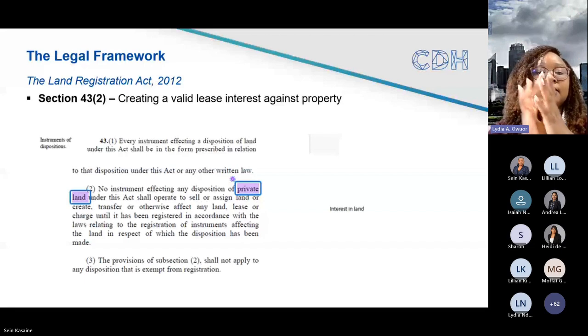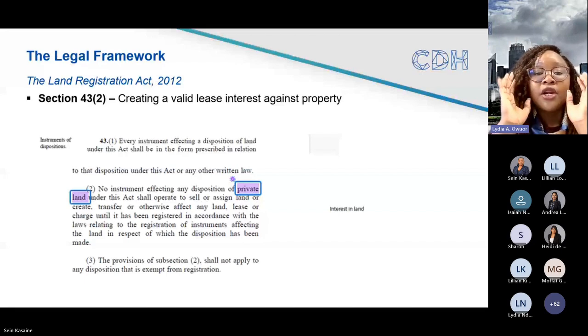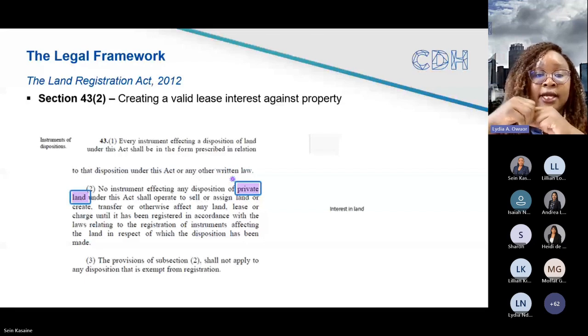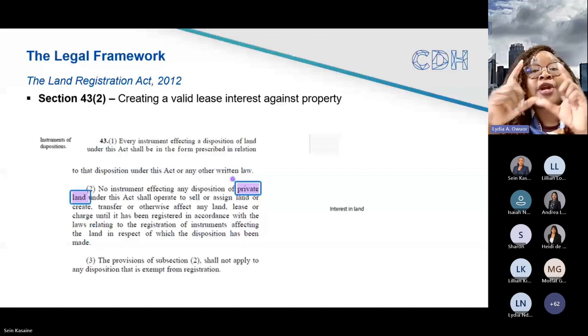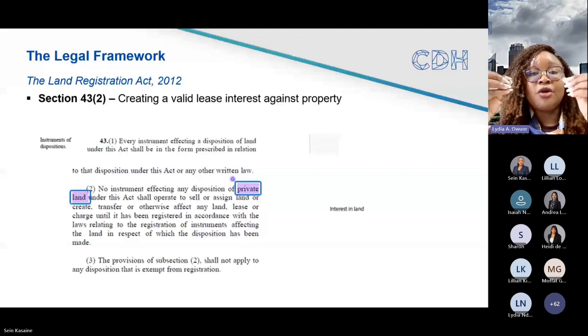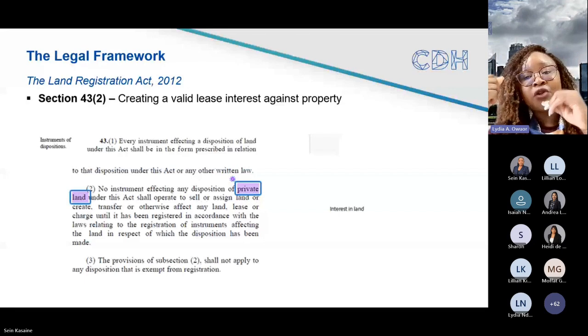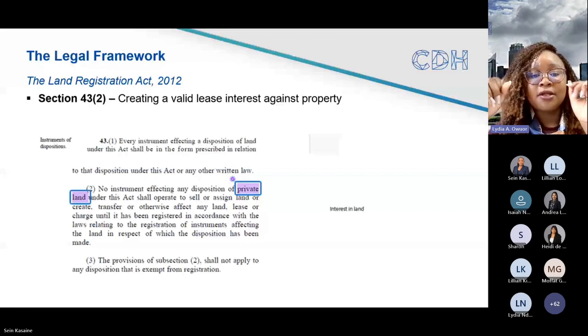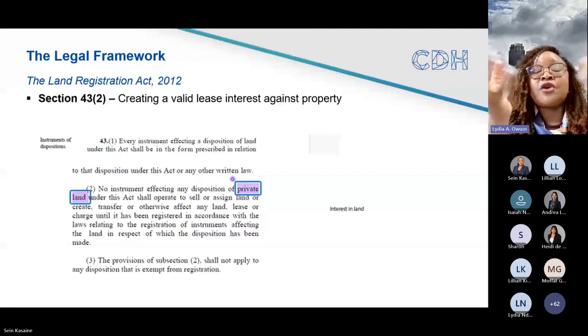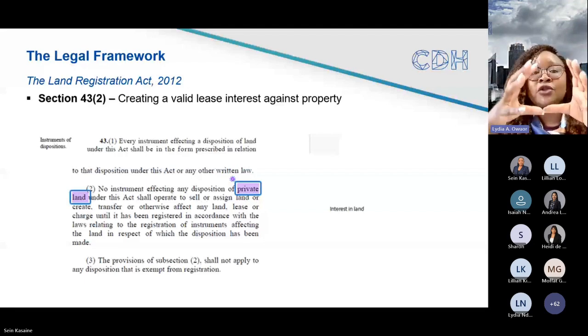So what essentially section 43.2 is communicating, in order for that contract that has been signed between the landlord and the tenant to create a lease, it would have to be registered, provided that it is not exempt from this requirement. So that is the summary of the legal framework that I wanted to highlight.